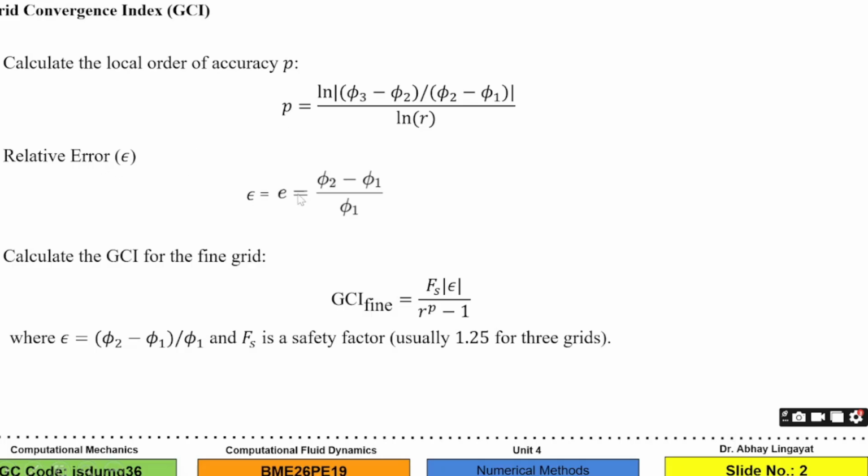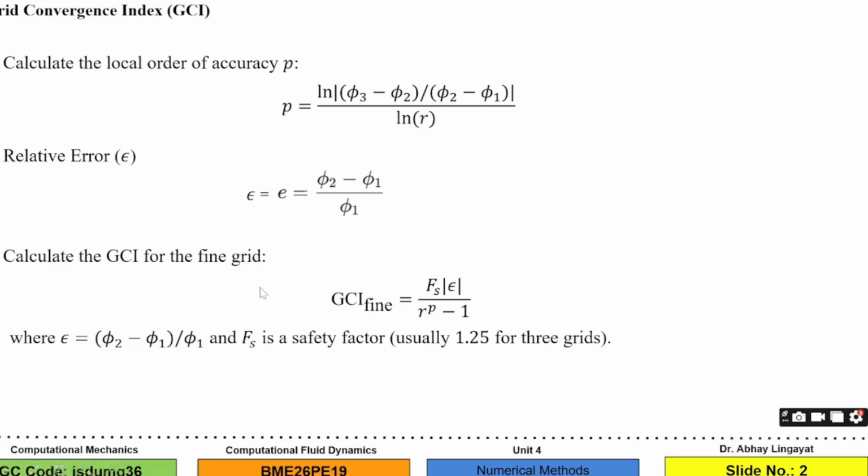Then the next term is the relative error, which we indicate with E. This measures the difference between two grid solutions, usually medium and fine. It tells us how much the result is still changing, which indicates whether the solution is stabilizing or not. And lastly, we use the safety factor Fs. This is used to add reliability to the uncertainty estimation.